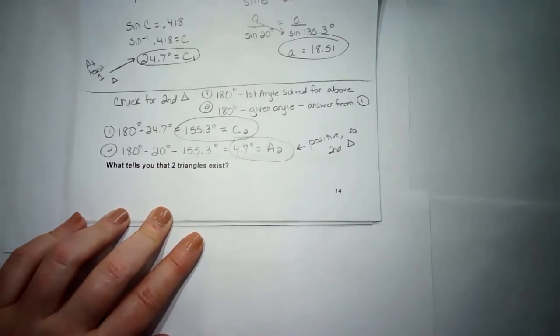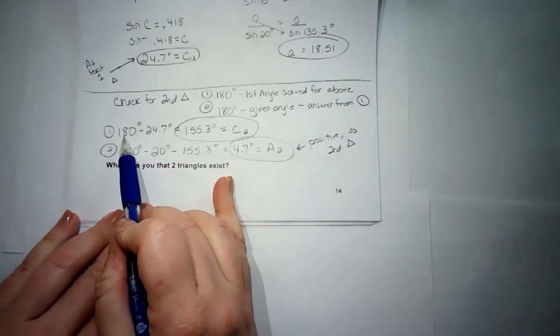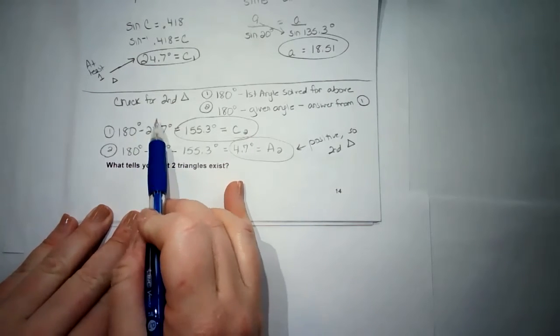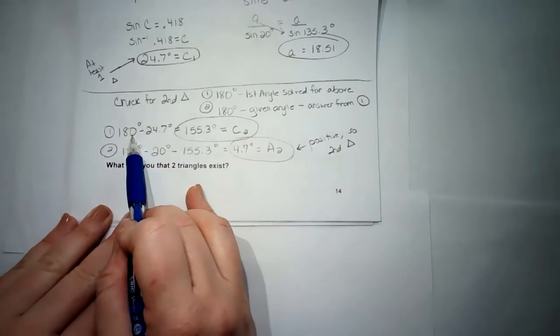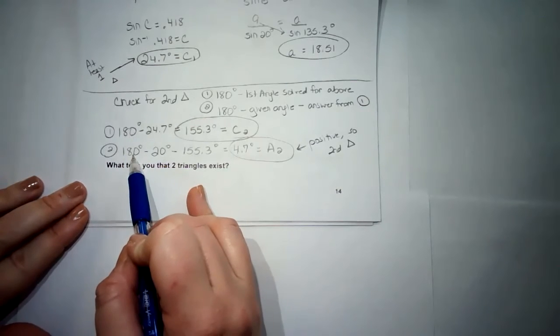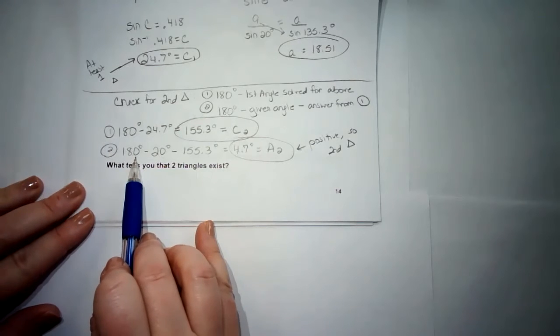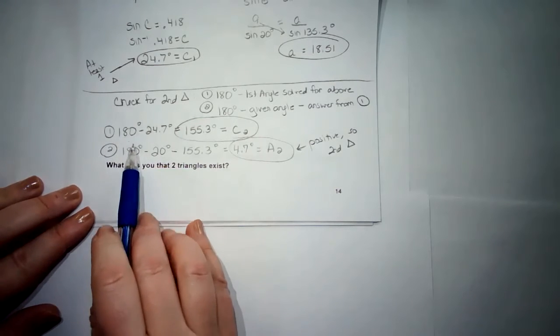So those are your 2 steps. That would be something I recommend putting on your index card. This 180 minus the first angle that you solved for is because an angle in a triangle cannot be bigger than 180. This 180 is because all the angles in the triangle have to add up to be 180. It's unfortunate that they're the same.